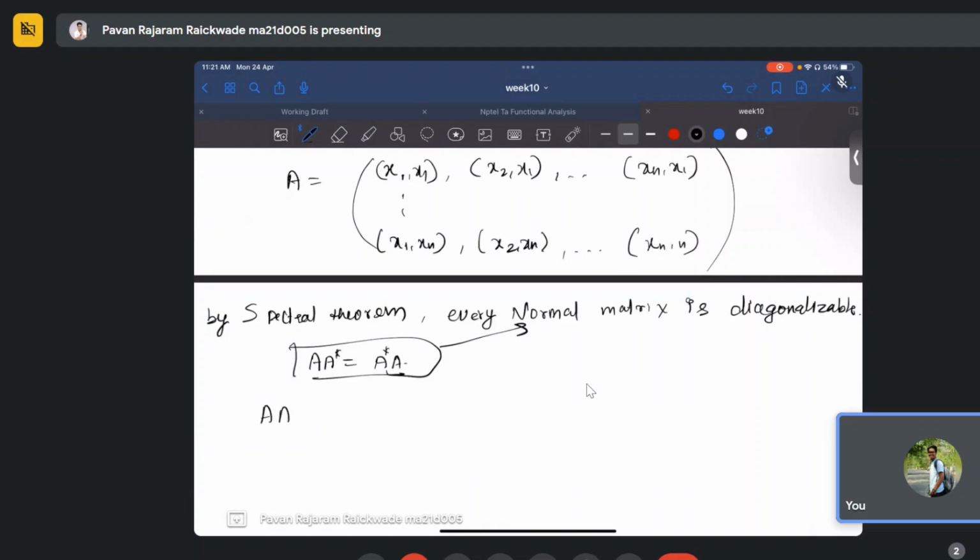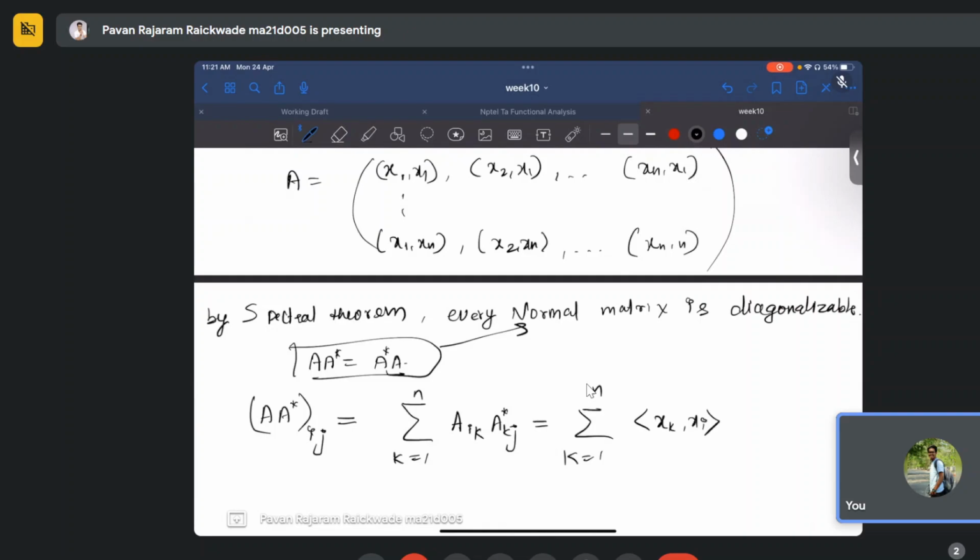What is the ij-th entry of A A star? This is the summation over k from 1 to n of the ik-th entry of A times the kj-th entry of A star. What is the ik-th entry of A? This is inner product of xk with xi.